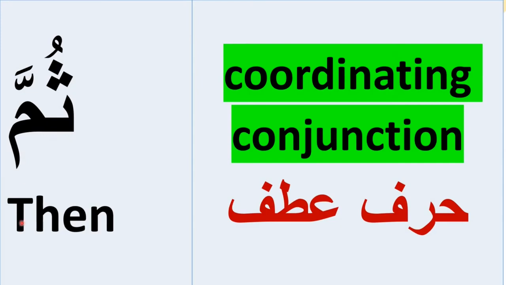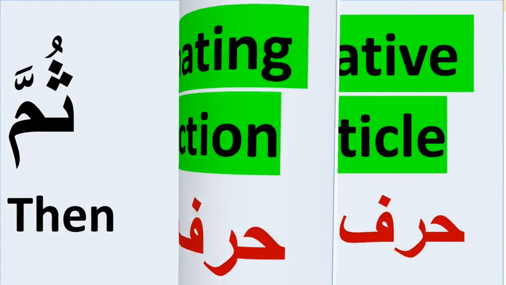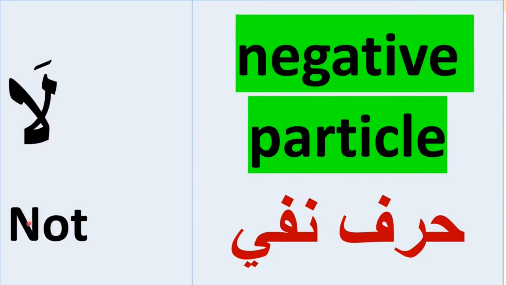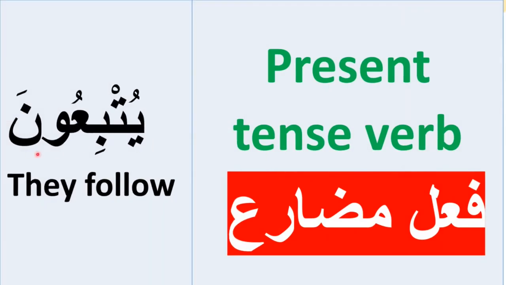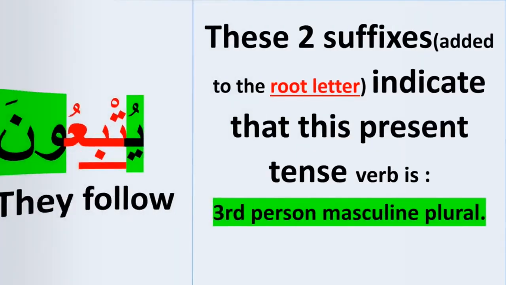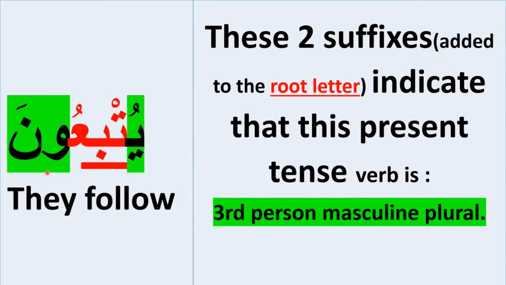ثم, then. حرف عطف, coordinating conjunction. لا, not. حرف نفي, negative particle. يتبعون, they follow. فعل مضارع, present tense verb. يتبعون, they follow.